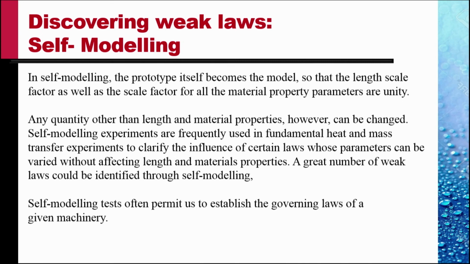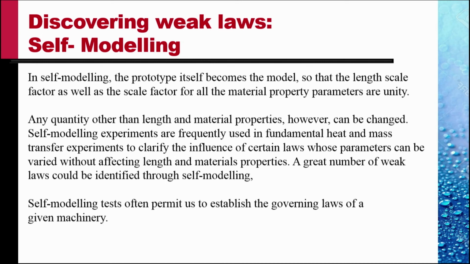How do we discover weak laws? Self-modeling is one of the techniques. In self-modeling, the prototype itself becomes the model, so that the length scale factor as well as the scale factors for all the material property parameters are unity.